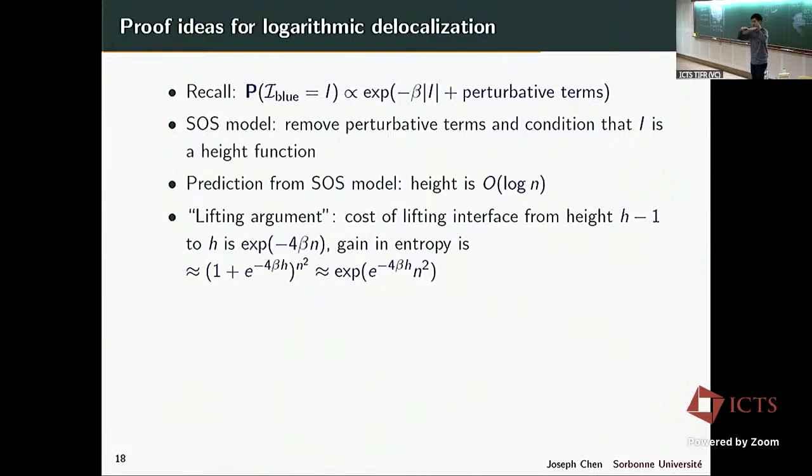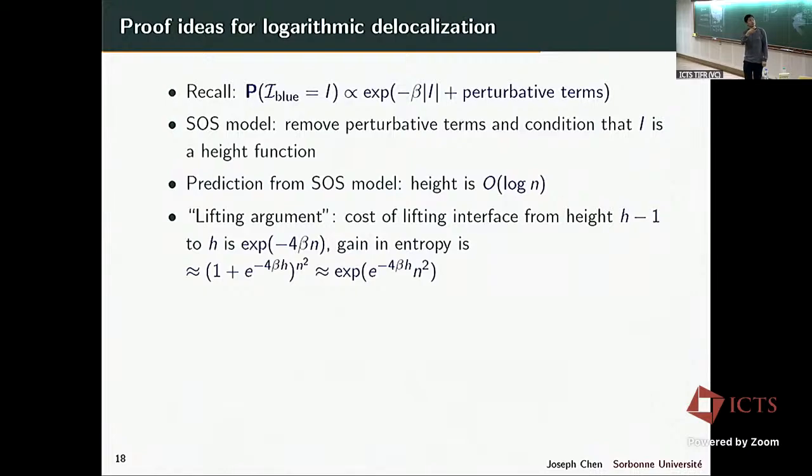So imagine you start and your height function is just 0 everywhere. So you want to apply the map which raises the height function by 1 everywhere. And that will cost you e to the minus 4 beta n, because you add 4n faces to the surface along the boundary.